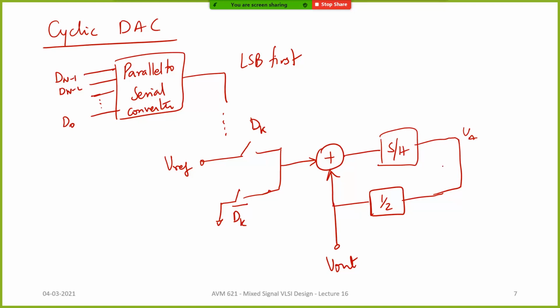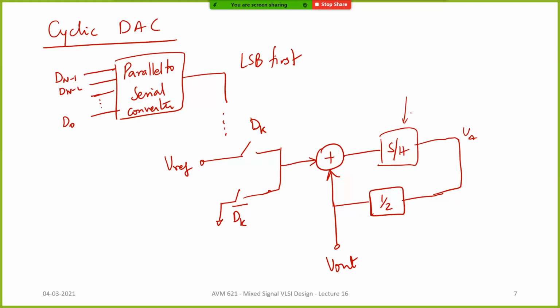Again you need the sample and hold, because otherwise how will you keep track of which bit is coming in? There is a clock which is running, and that will synchronize your parallel to serial converter also. In the first cycle you do the LSB, and in the second cycle you are adding half times the existing value to the next one. Like that you keep building up your voltage, and then you get the output.